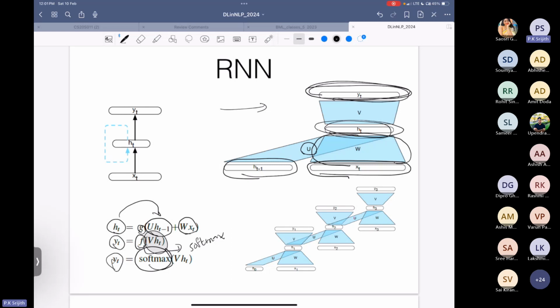Okay, so maybe in a long sentence, some words which you have seen initially will be super important, and some words which you have seen later could be stop words, or words which are not useful for sentiment classification.